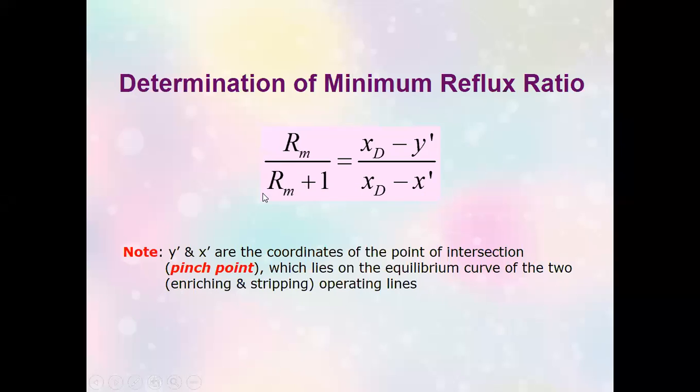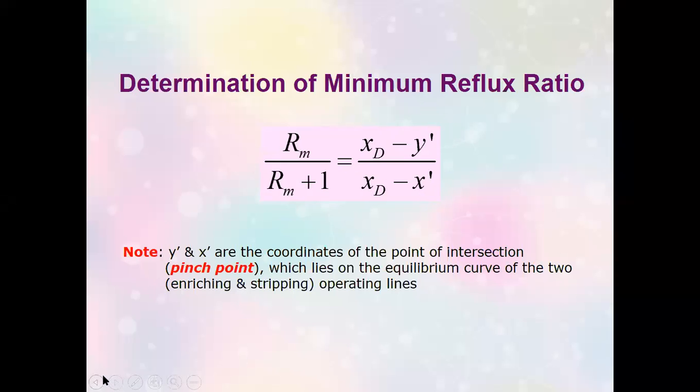You get the minimum reflux ratio by using the value of the distillate mole fraction of the lightweight component and the X prime and Y prime. So that's the very purpose why you need to get the X, Y and the X prime and the Y prime.